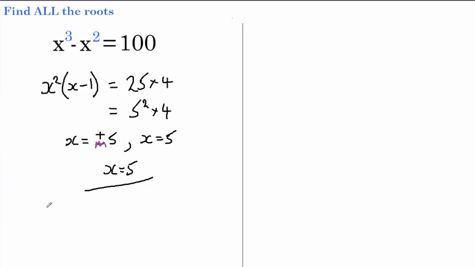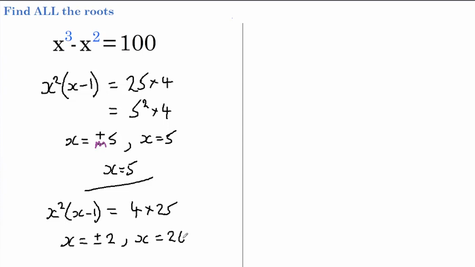We could of course have said x squared times x minus 1 equals 4 multiplied by 25. Then if we equate these, x squared will equal 4, therefore x must equal plus or minus 2, and x minus 1 must equal 25, in which case x equals 26.